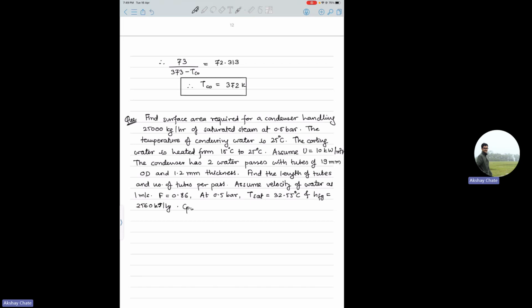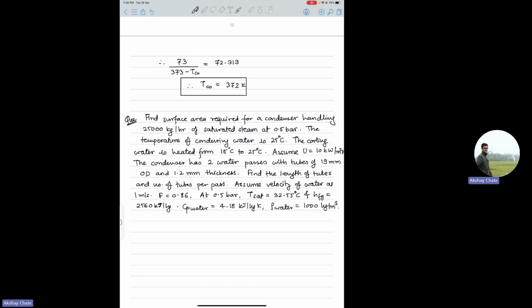Cp of water is 4.2 or 4.18 kilojoule per kg Kelvin, and density of water is given as 1000 kg per meter cube.